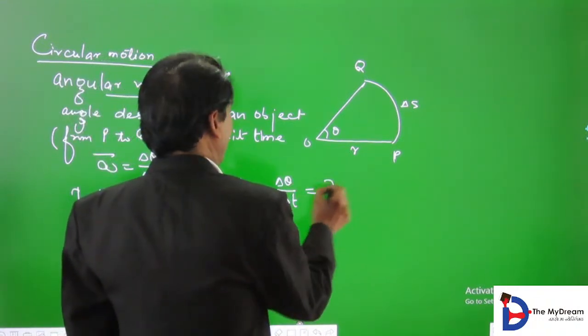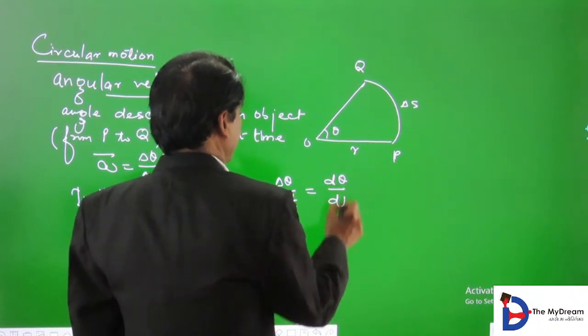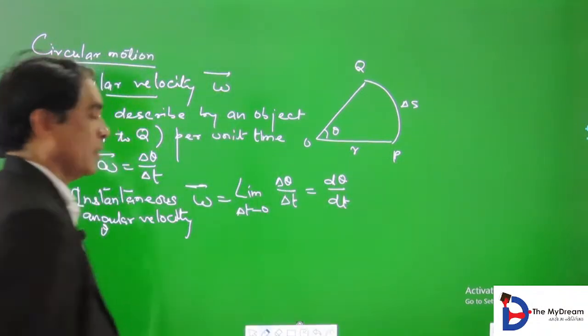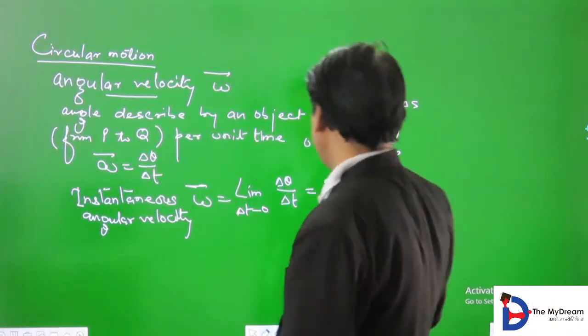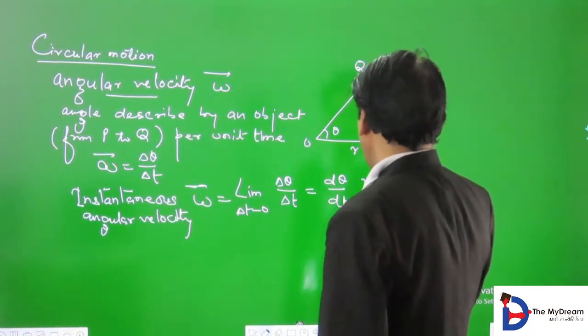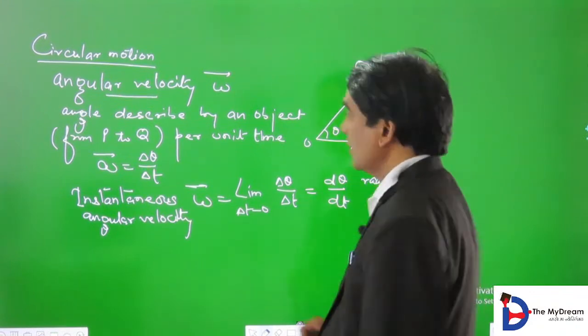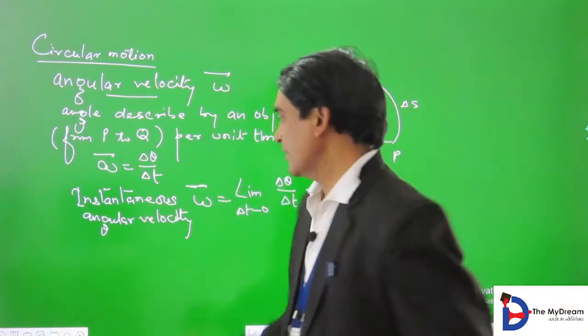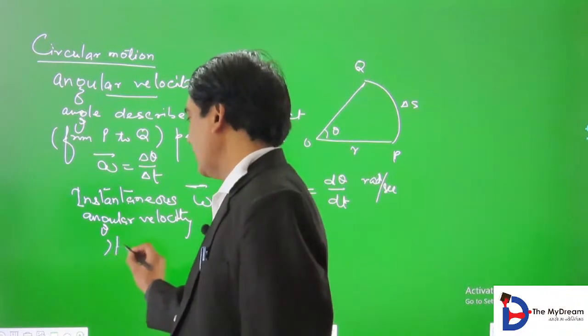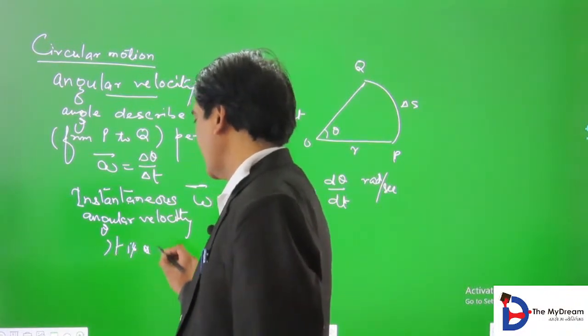It can be written as d theta by dt. The unit is radian per second. Angular velocity is a vector quantity.